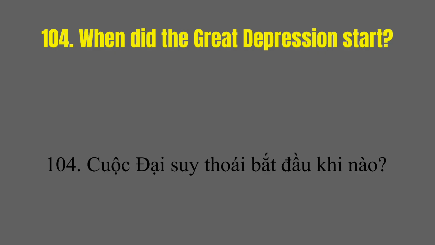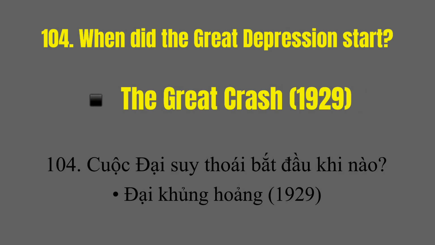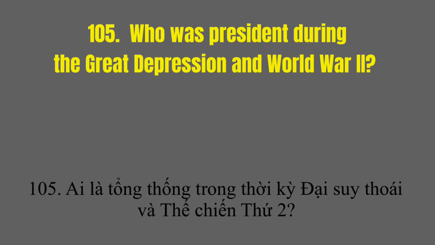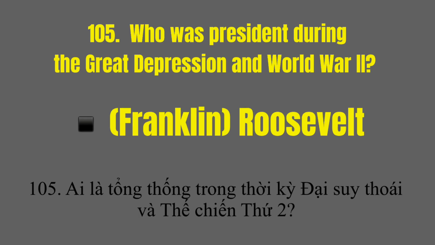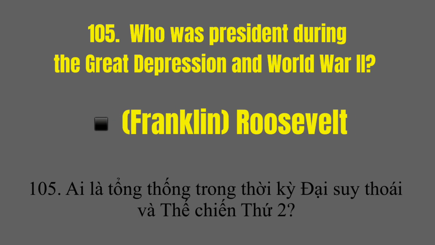When did the Great Depression start? The Great Crash, 1929. Who was president during the Great Depression and World War II? Franklin Roosevelt.